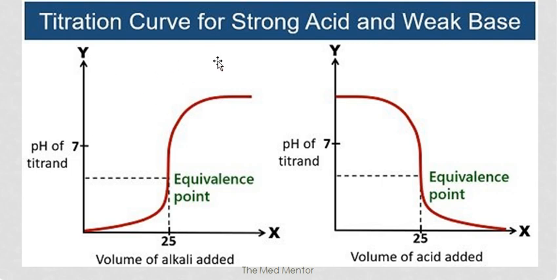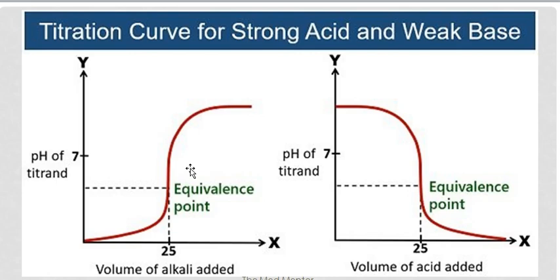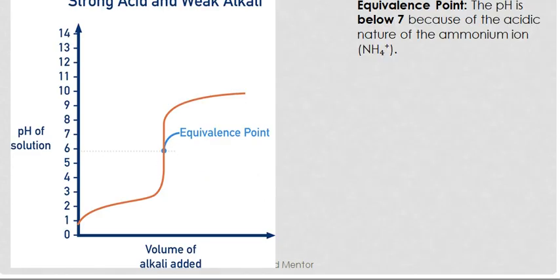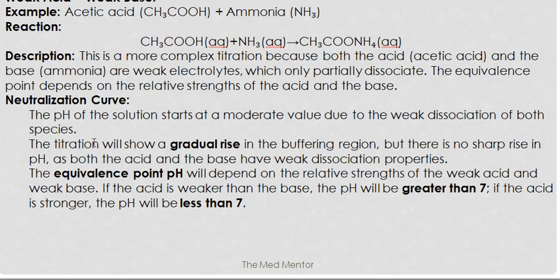Okay, here I have given some graphs. One minute, next time I will explain. First I will cover this topic. Next are weak acid and weak base, for example acetic acid and ammonia.